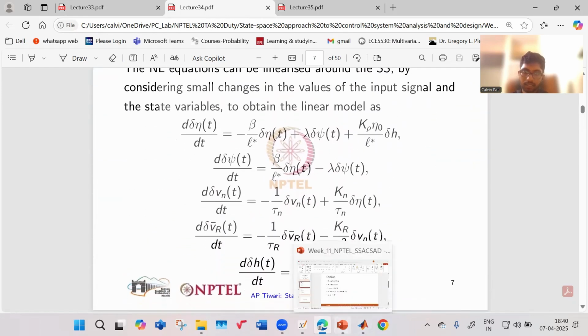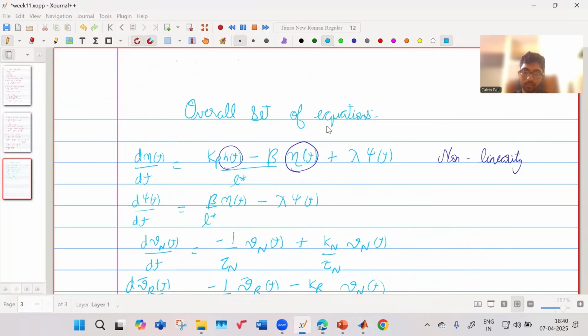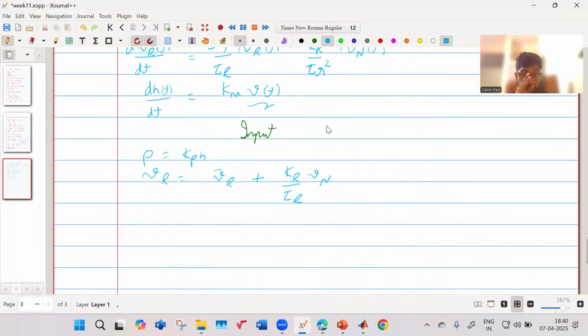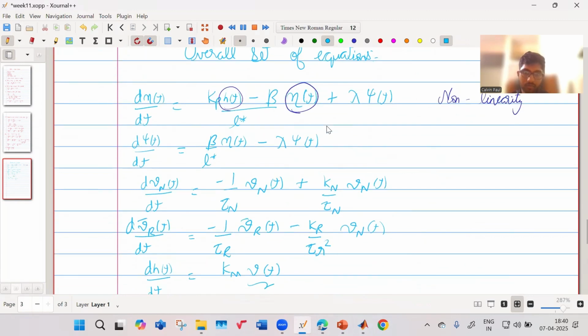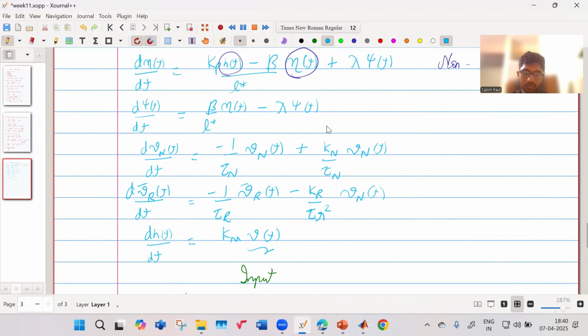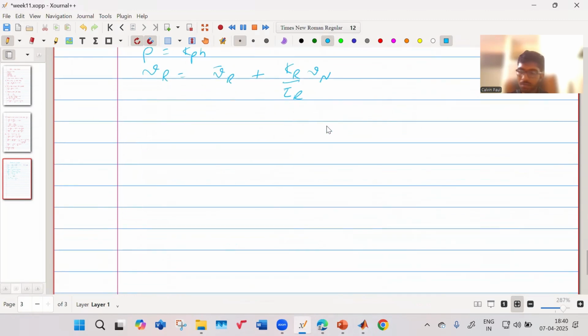Well, let us consider this. So now we are trying to find a linearized model around that operating point.